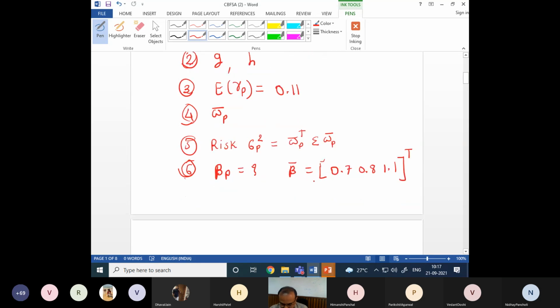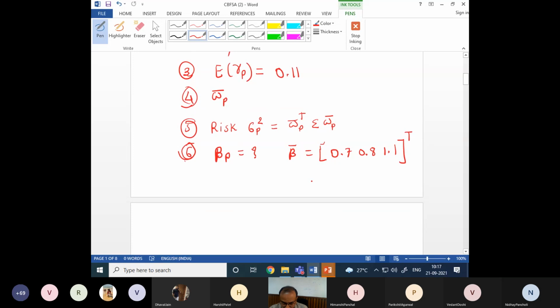So let me write, the beta vector is given. How can you find the beta of the portfolio? My portfolio consists of 3 securities and the individual betas are known. It's very simple. I want an answer from you. Anybody? Nobody has solved this and not even written anything in the uploaded solution.